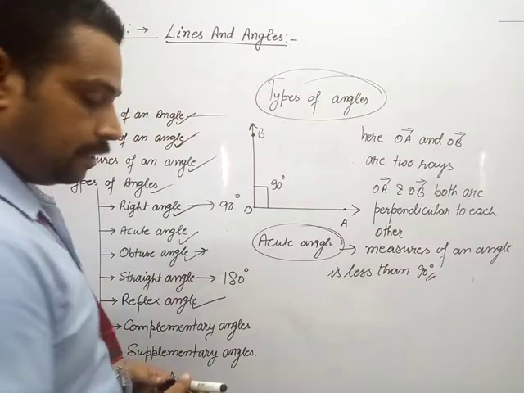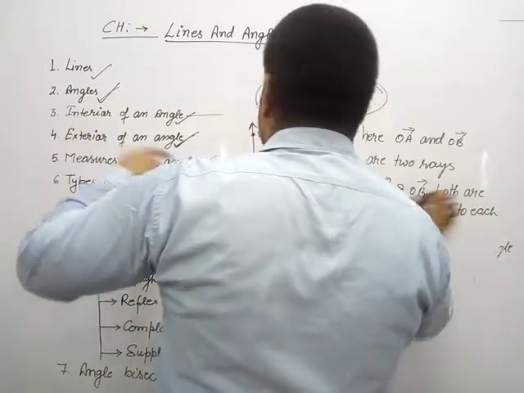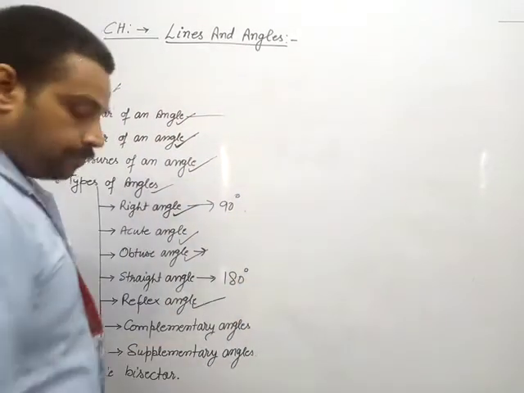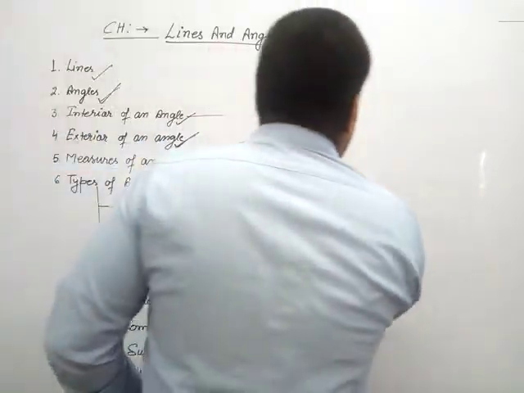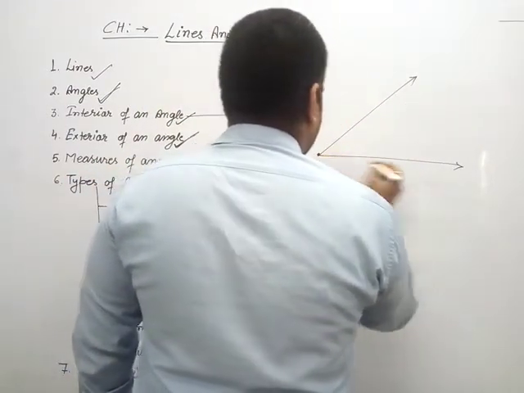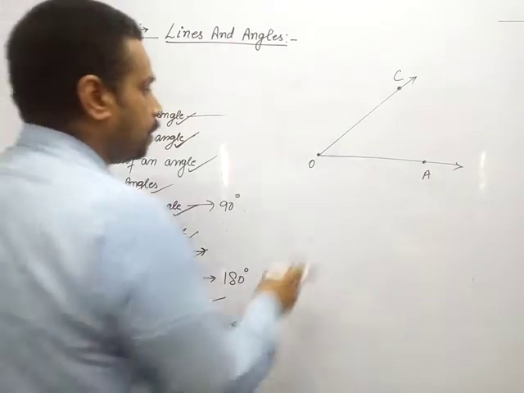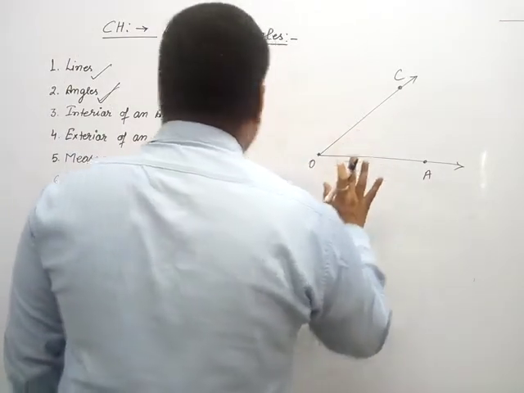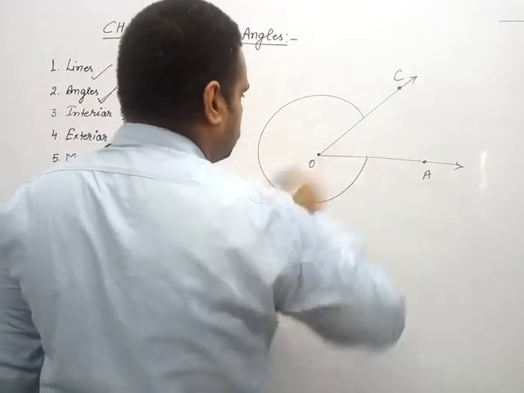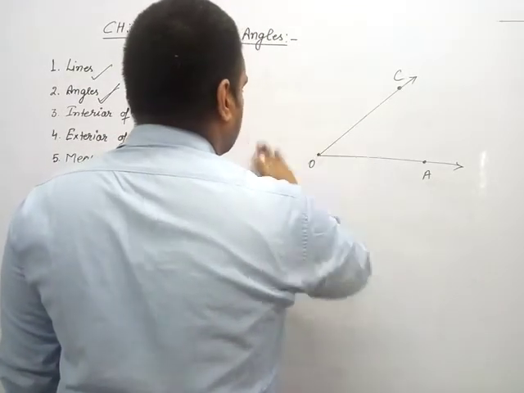And what is a reflex angle? Don't be confused here between the exterior of an angle and the reflex angle. So I am going to explain this one here. This is A, B and C. Here you have already studied the interior angle, but if I take this angle, I can write it small also.